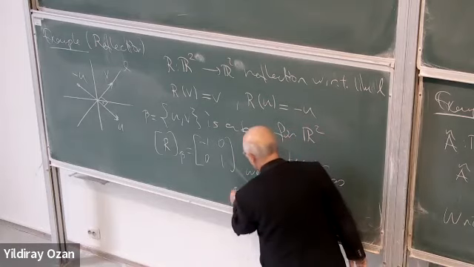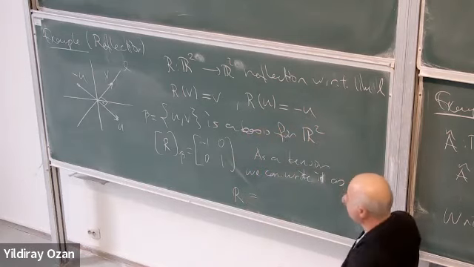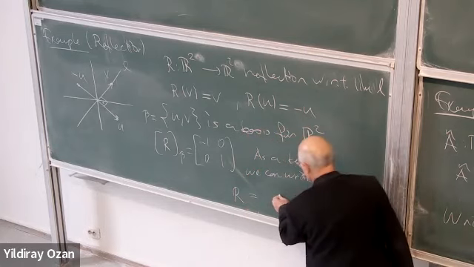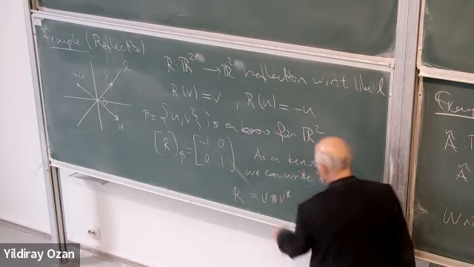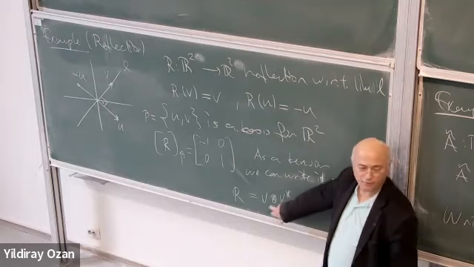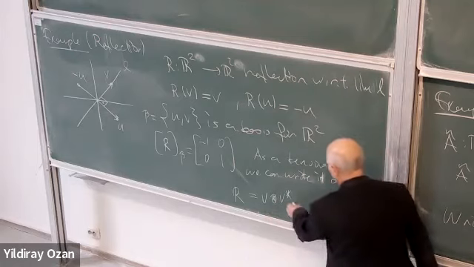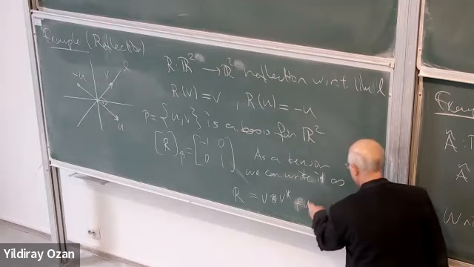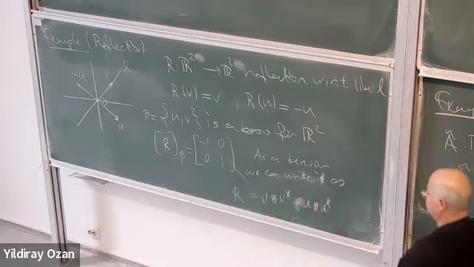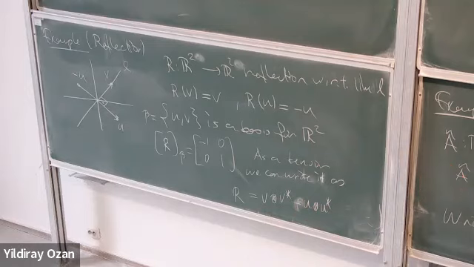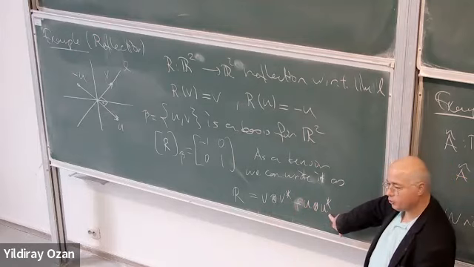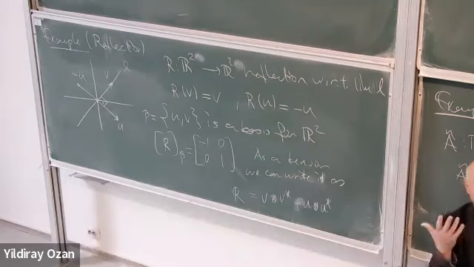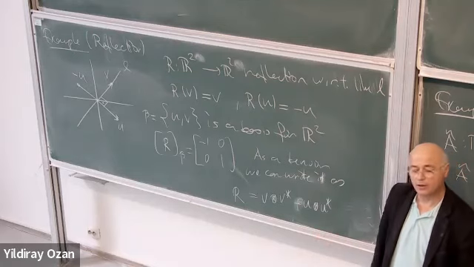What does R do? It leaves V in place. So V is mapped to V. When I put in V, V comes out. Right? What does it do to U? It goes to minus U. When you plug in U, you get minus U. When you plug in V, you get V. This is the reflection with respect to what?